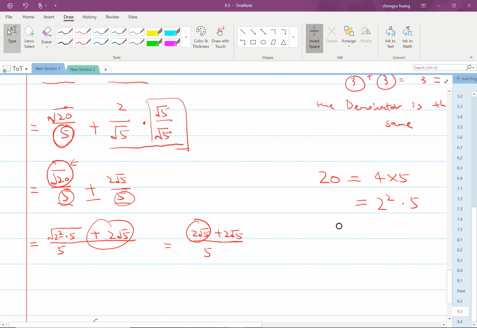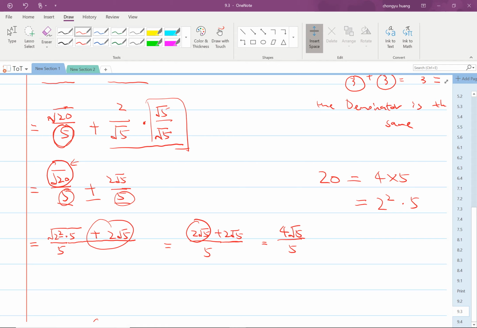After that we are almost at the end. Both of them are square root of 5, so you just add the coefficients. 2 plus 2 equals 4, so it's 4 square root of 5.